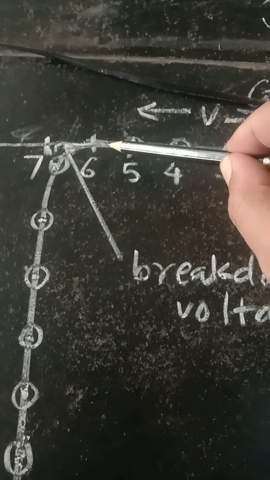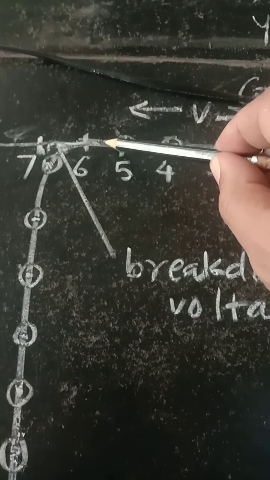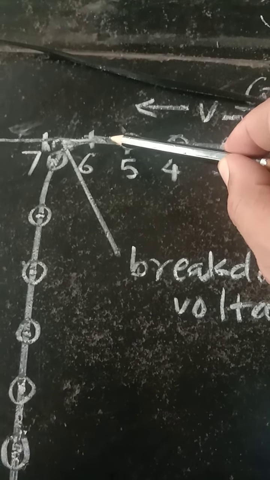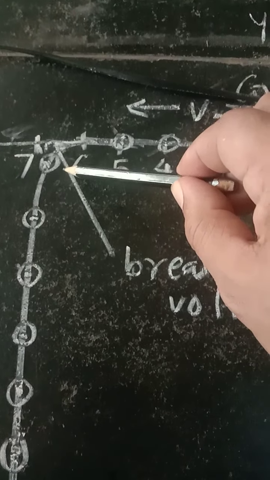After that, when that 6.4 or 6.6 voltage is crossed, depending upon the nature of that Zener diode, at that time the current will start flowing.